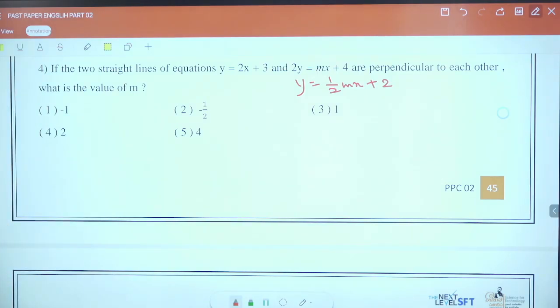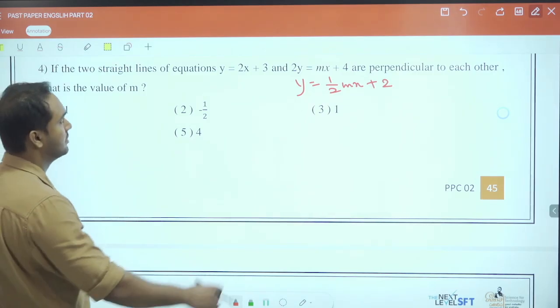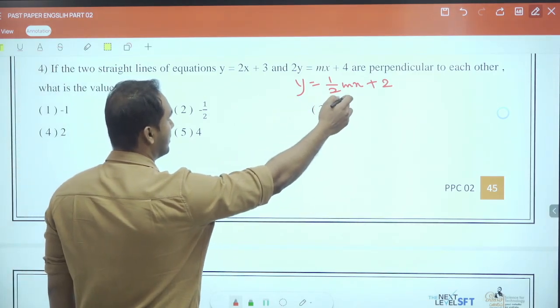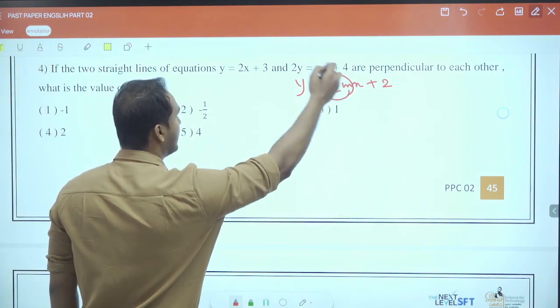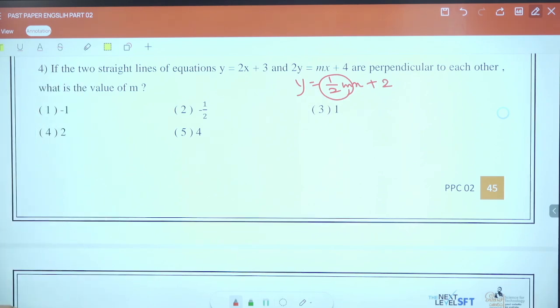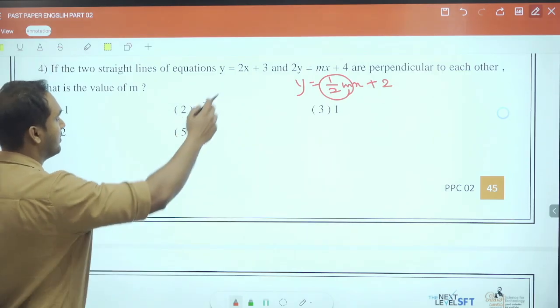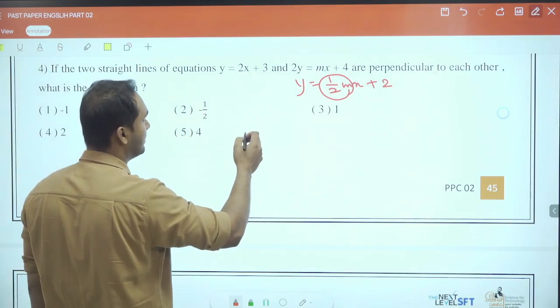Now they are asking for the value of m, right? So now this complete value is the gradient. Not only the m, half m is the gradient, right? So now the minus reciprocal of this is what?